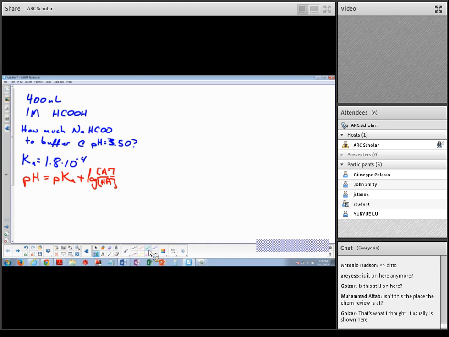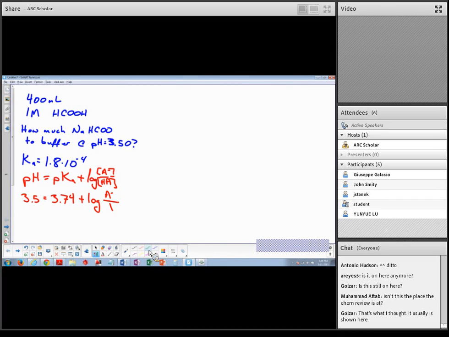Okay, so this one's pretty simple. All we gotta do is plug and chug, right? So if I'm gonna set this up, I know 3.5 is equal to 3.74 plus the log of A minus over 1.